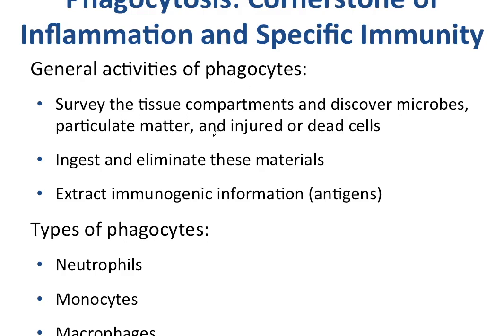Phagocytes can also clear dead body cells and eat harmful materials. Once the phagocyte eats the microorganism, they can digest it, and the antigen can be cut.